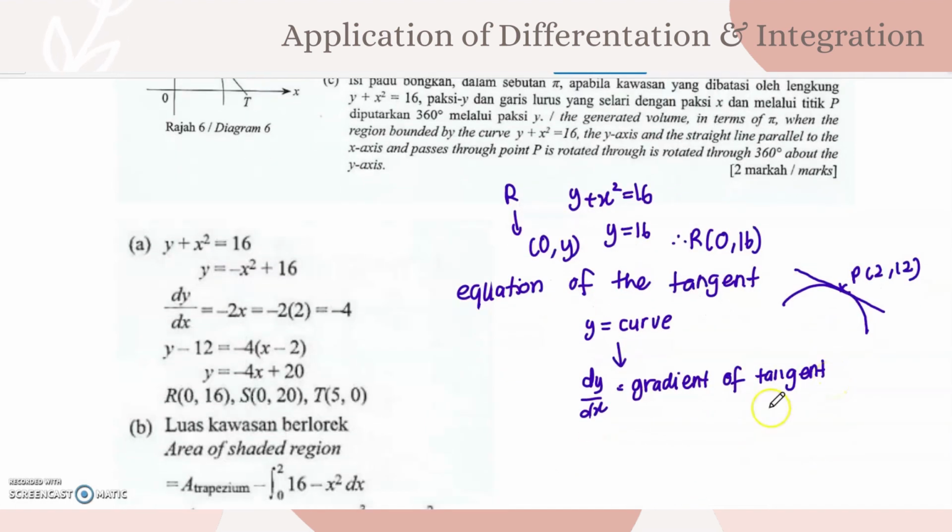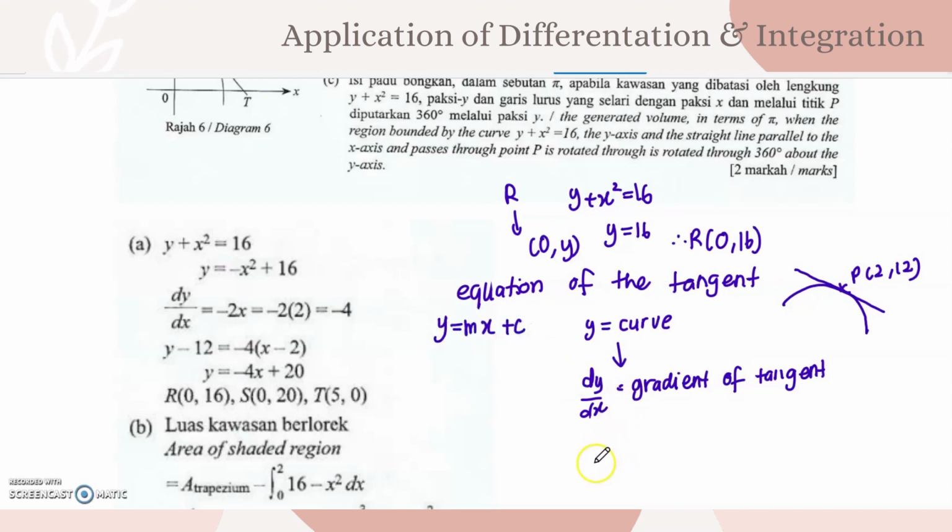Once we get the gradient, we already have the point on the tangent, so we can determine the equation of the tangent by substituting into the formula of a straight line, which is y equal to mx plus c.